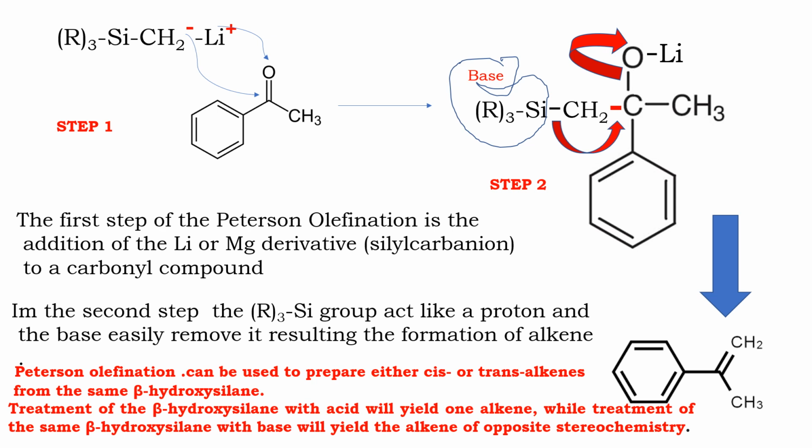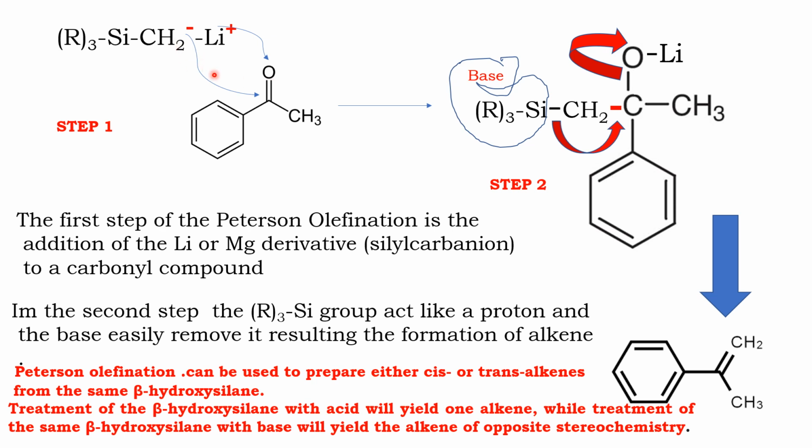Check the mechanism here. Simple mechanism. You take down along with me. First we have the lithium or magnesium substituted trialkyl silane. So we know Li plus and CH2 minus. Naturally, this carbonyl compound has a polarization, C plus and O minus. So what happens?